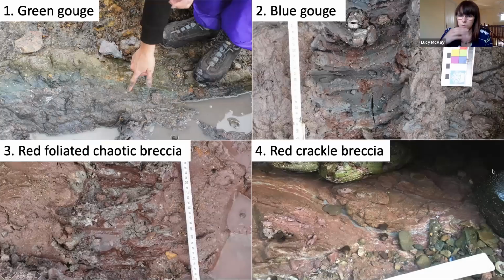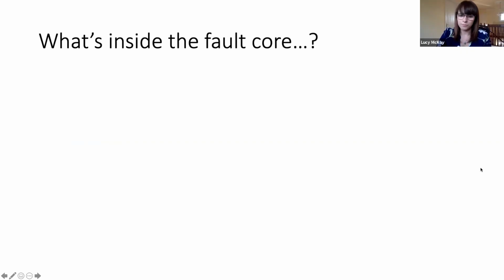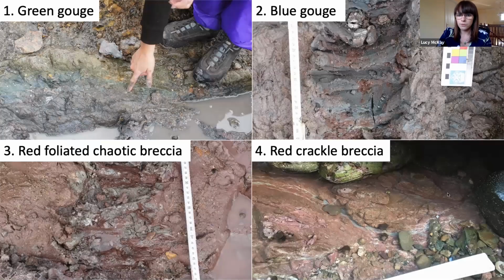So back, what's inside the fault core? The fault core, as I said, consists of 4 distinct units that remain unmixed. You've got this localized green gouge, which is just above the finger in this top left image.